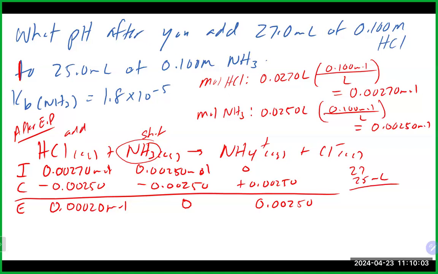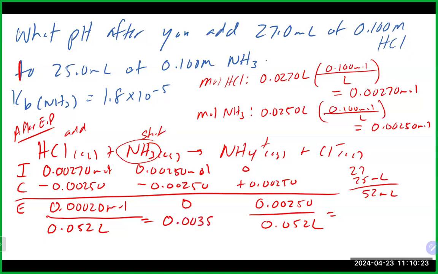We obviously want to make sure that we convert our 52 milliliters into liters, 0.052 liters. So 0.0002 divided by 0.052 gives us 0.003846. Over here, 0.0025 divided by 0.052 is 0.04808.